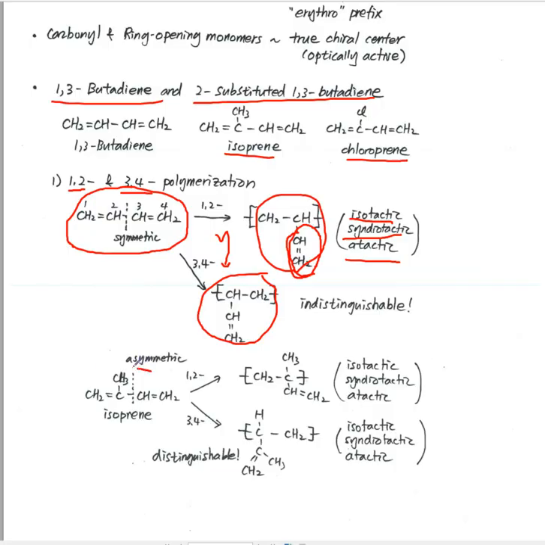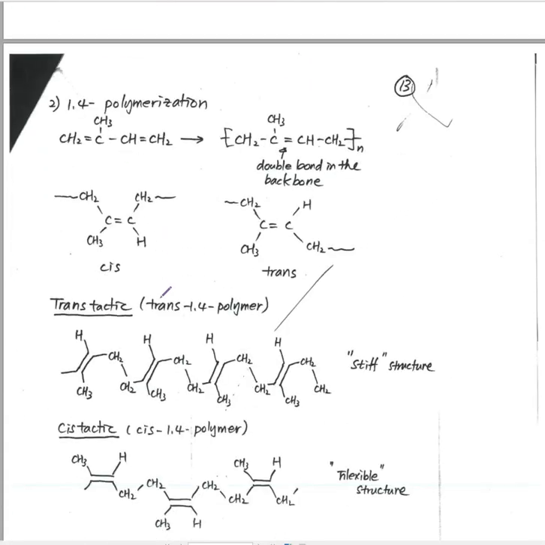But in the case of isoprene, which is not symmetric, 1,2 polymerization and 3,4 polymerization generate different structures. And if you do 1,4 polymerization based on these dienes, you can generate either cis or trans configurations.